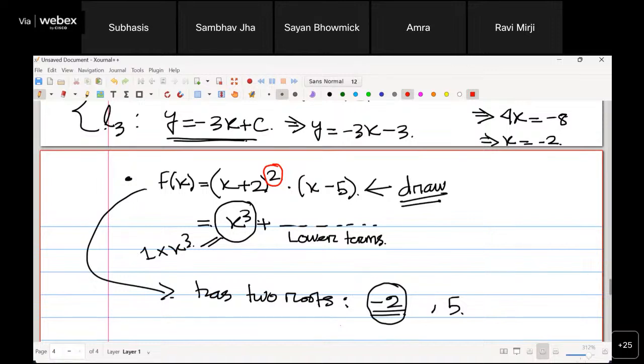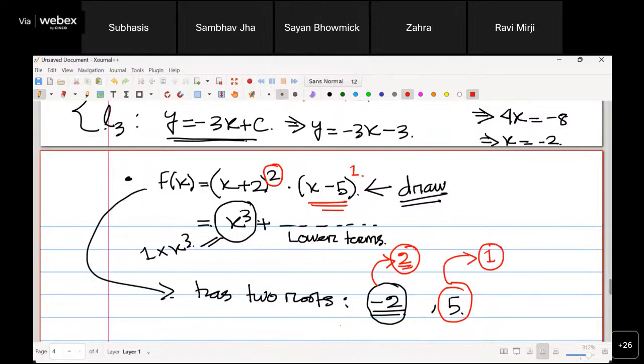If you have a doubt, please unmute yourself and ask. So -2 has multiplicity 2, whereas this 5 appears once. So the power is basically 1, which means the multiplicity of 5 is 1.